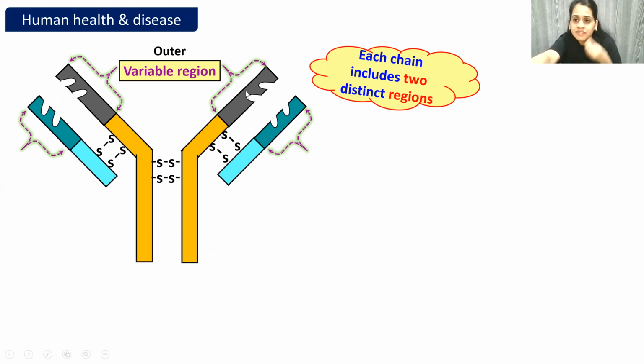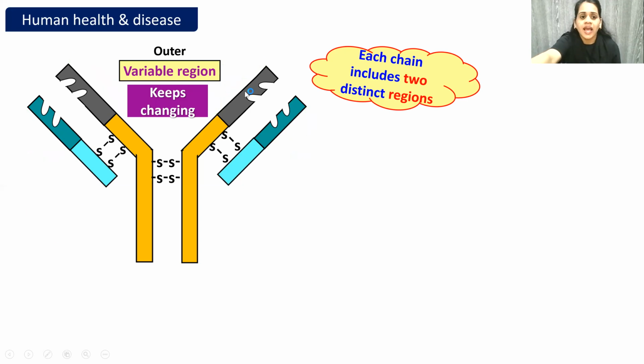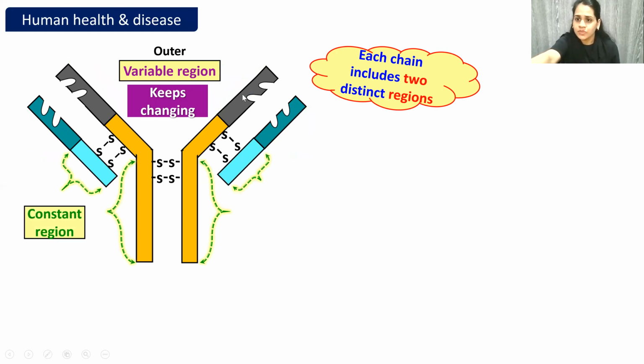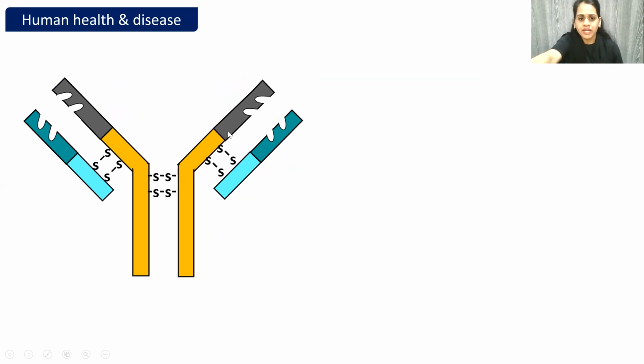So the outer one is the variable region which keeps changing, and the inner one is the constant region. See this one in the heavy as well as the light chain. So the inner one is the constant region which is not going to change. So each chain has two regions: the variable region which is going to keep on changing and the constant region which is going to remain the same.